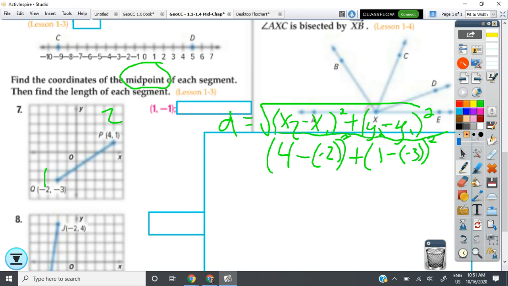Don't forget your big square root. I usually put it after I write all my work. Go ahead. That we solve for midpoint. It asks for two things here. It says find midpoint and the length, which means distance. So there's two parts to the question.